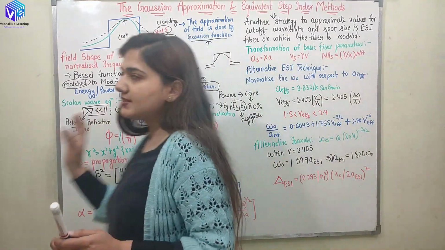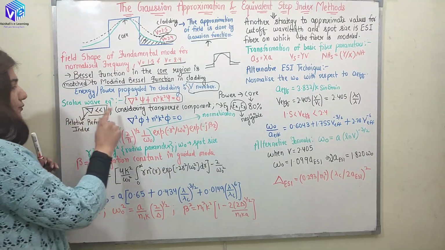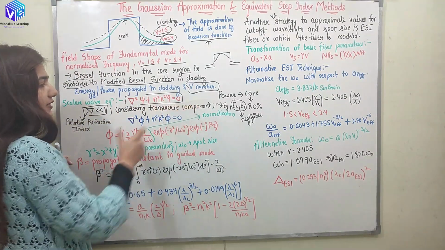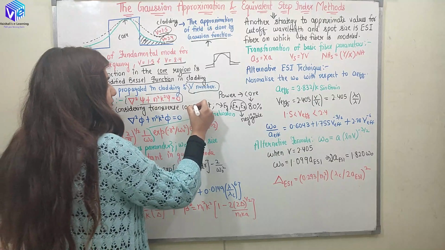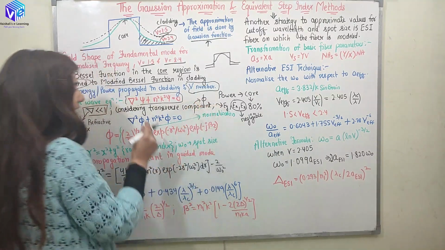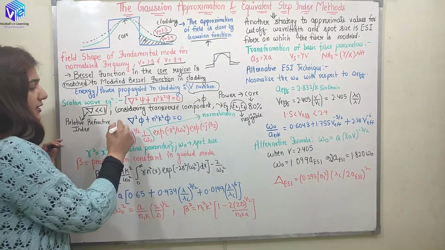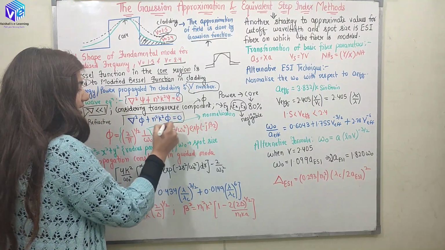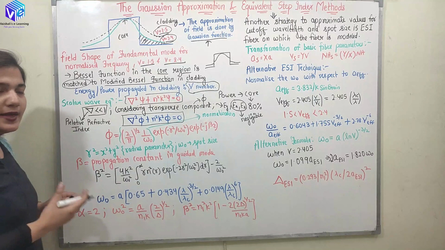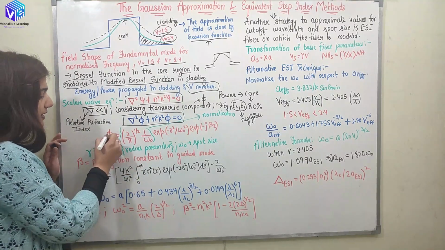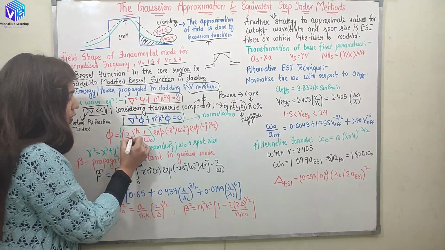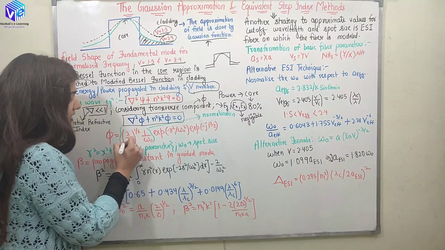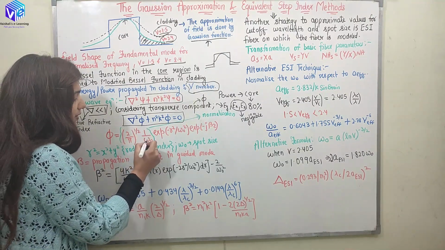So now when I am considering these two conditions, that del is very much less than 1 and I am considering the transverse component, the transverse component is represented by phi, and this scalar wave equation can be represented as del square phi plus n square k square phi equal to 0. Now when I solve this equation, I will get phi as (2/pi)^(1/2), so it is under root 2 upon pi, into 1 upon omega naught.